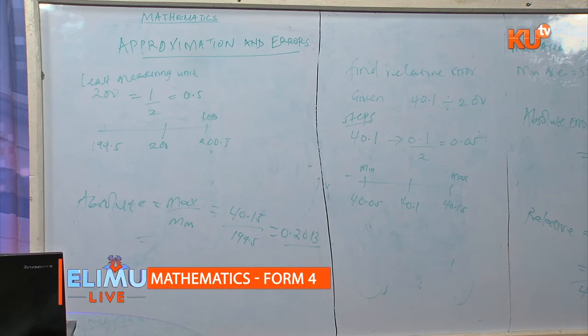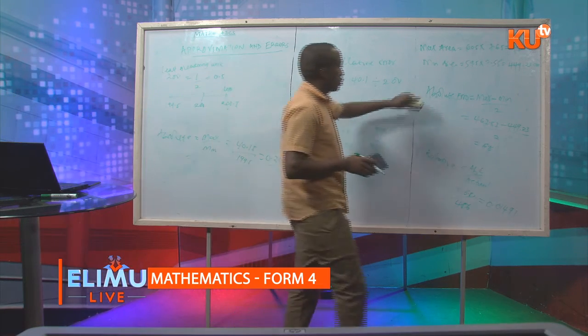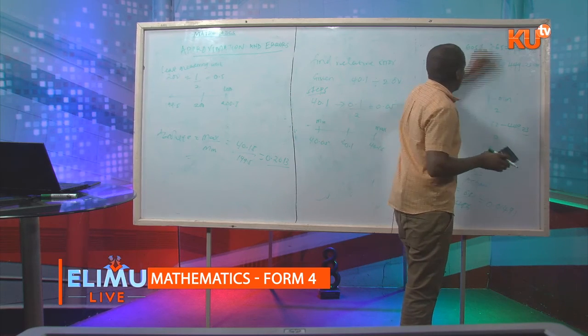So for us to get the relative error in that one, we get the actual sum for our question.